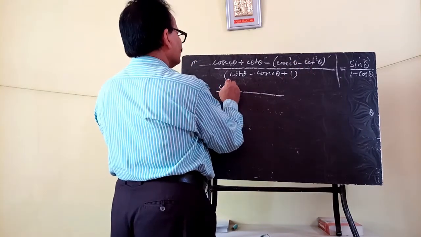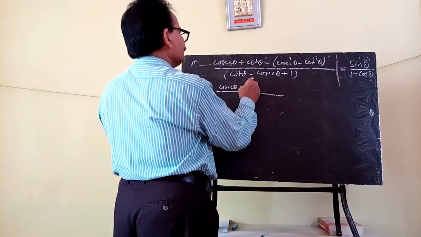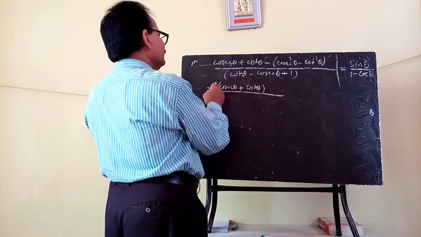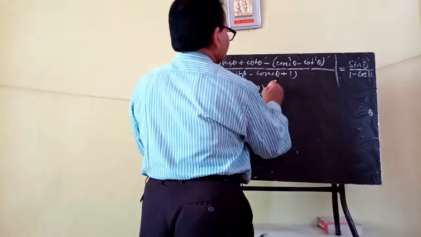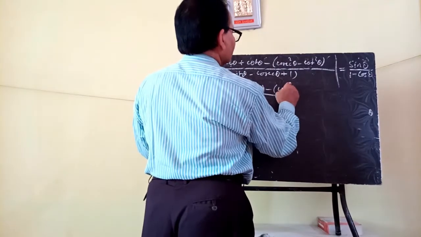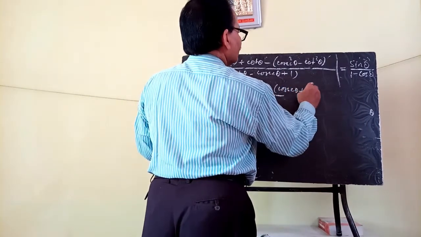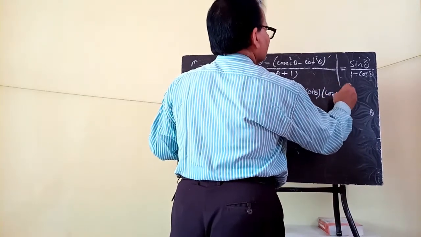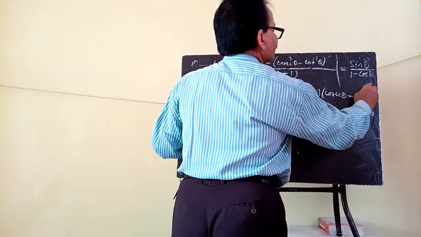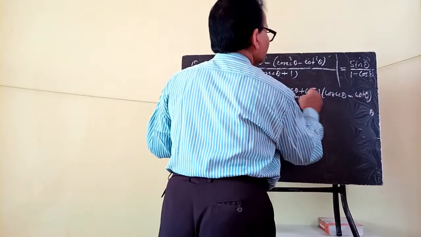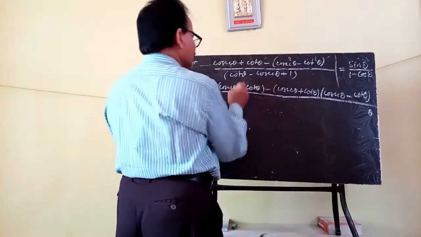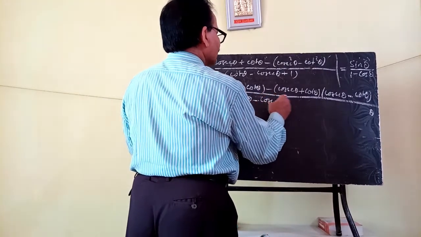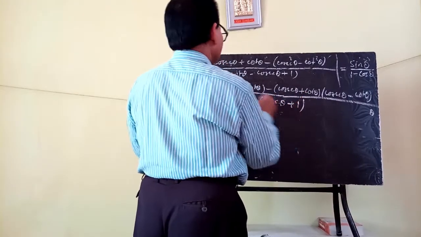So this is your cosec theta plus cot theta into cosec theta minus cot theta. Clear?